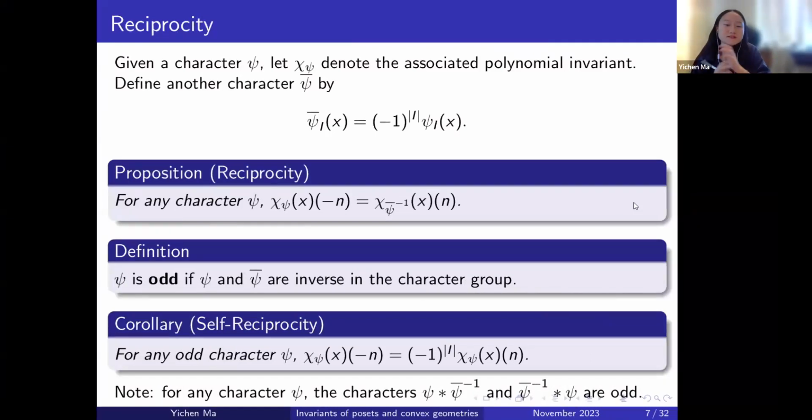Just like I said, I will introduce how to evaluate the polynomial invariant on the negative integers. First, if we have a character C, then we can define another character C bar by applying (-1) to the size of I to C. Then we have a general reciprocity result for the polynomial invariant: if we want to compute the polynomial evaluated at -n for C, then we only need to know what's happening on the convolution inverse of C bar.